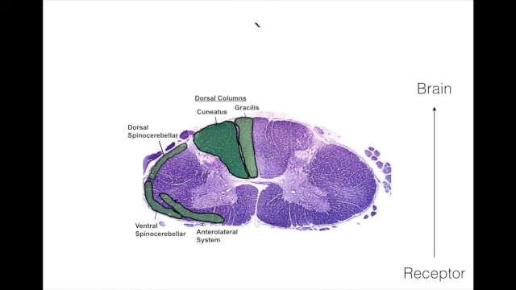Okay, so as we've already said, the information ascends from the receptor to the brain. And these are the sensory pathways that we will be considering today. The dorsal column system, the dorsal and ventral spinocerebellar tracts, and the anterior lateral system.